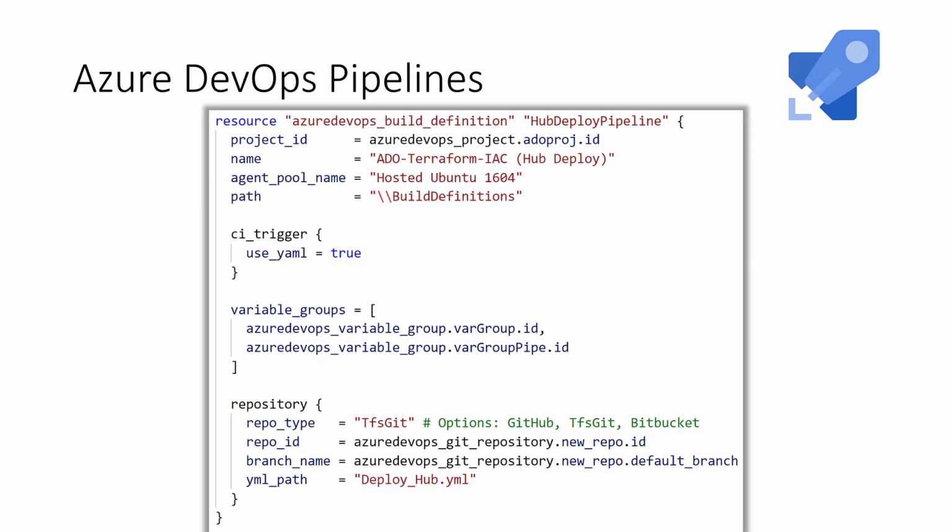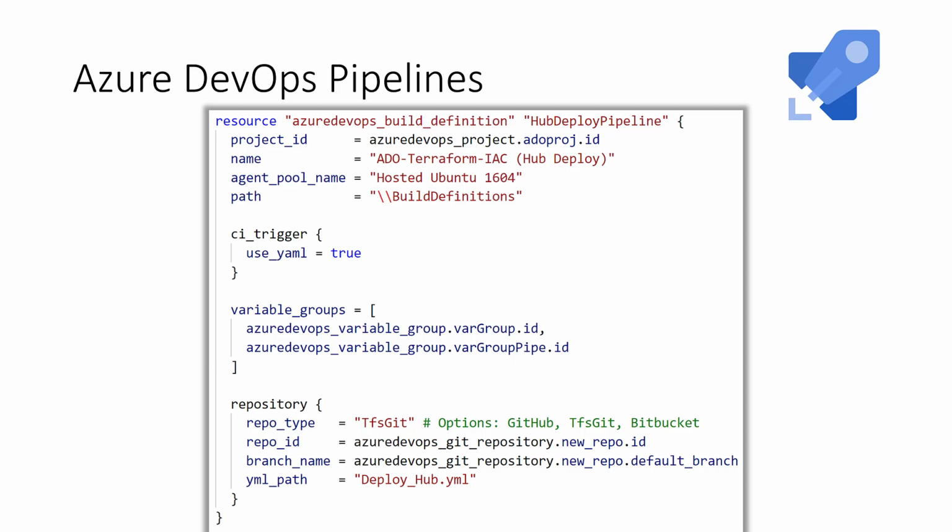Now on to pipelines. I have three different pipelines in my specific code example, but I'm only showing one of them here. This is my hub deploy pipeline. I'm building a hub and spoke topology. From a resource perspective, this is defined as a build definition, so project ID and name and so forth.